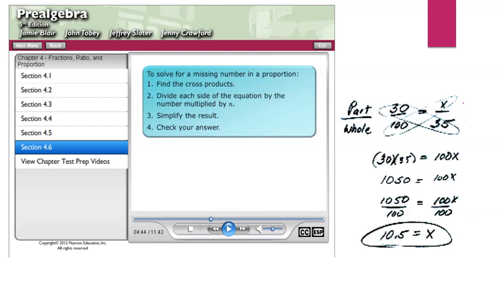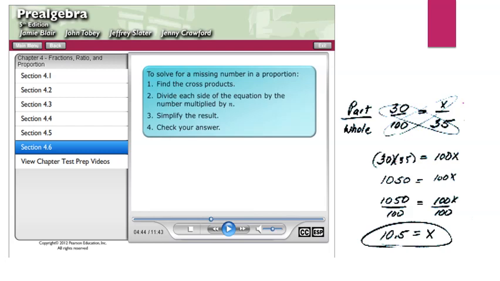Okay, so after you've worked out the equation, you want to simplify the result. Basically that means you want to find what x is, what n is, what y is. We want to find the answer. Then what we can do, and this is optional, not a lot of times you have time to do this on a test, but I strongly recommend that you go back and check your answer.